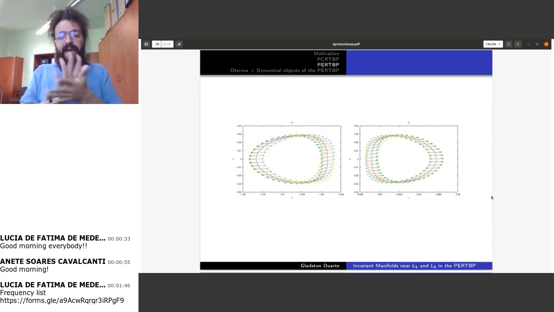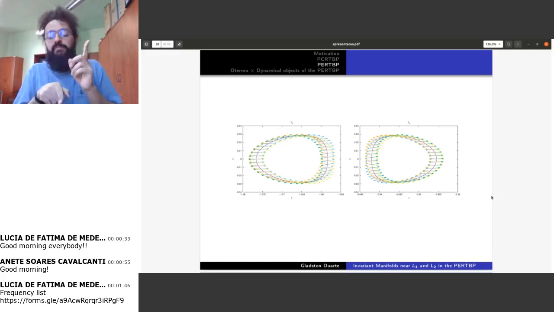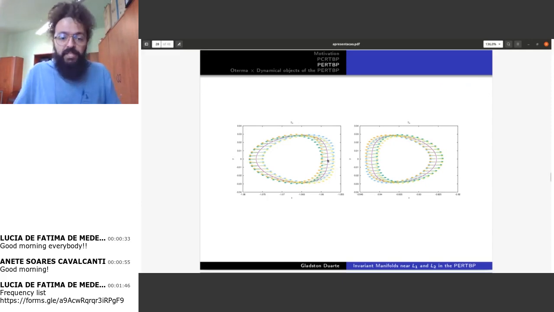So, what we have stored in our computer is a truncated Fourier series that approximates the torus for each angle, and some Fourier series that approximate the stable and the unstable manifolds at each point.